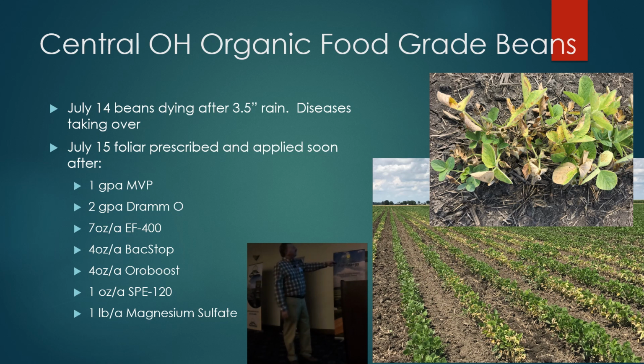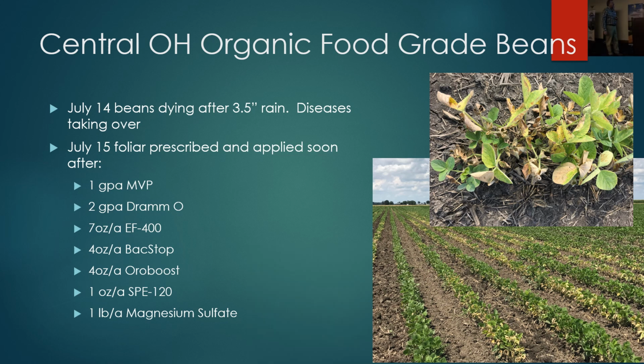The magnesium sulfate is like Epsom salts, almost like a little punch of instant energy to that plant. And oftentimes the plant is actually deficient in magnesium, even though there's plenty in the soil. So he did that foliar and then came back August 19th, and wow, look at the field, it turned around.